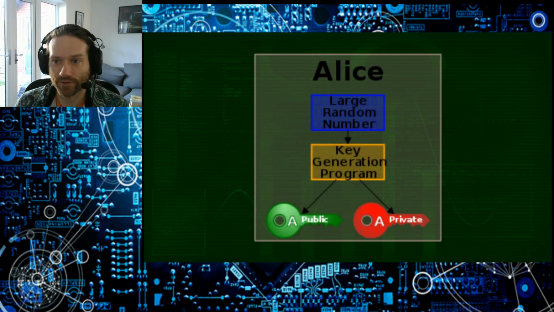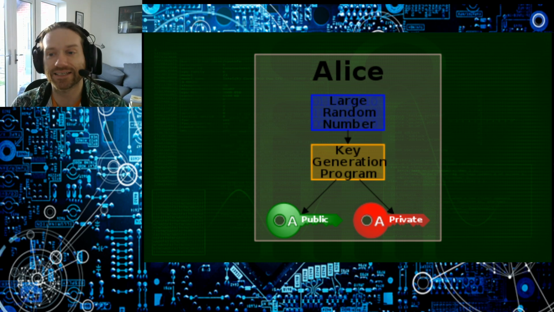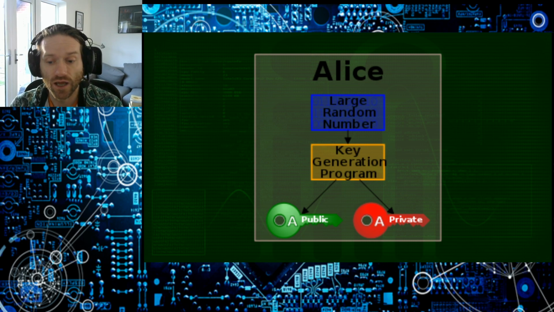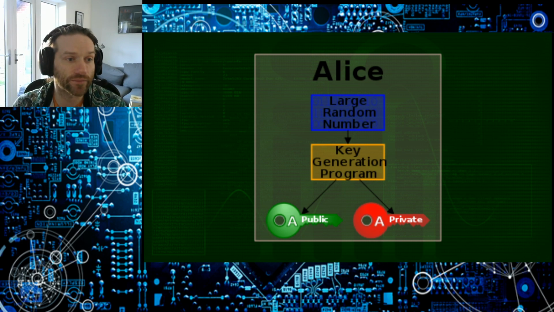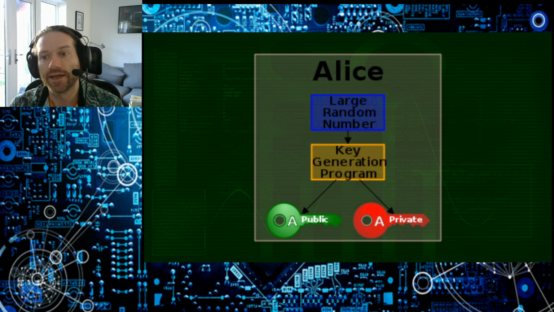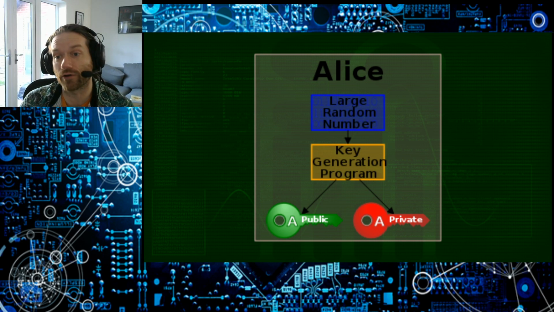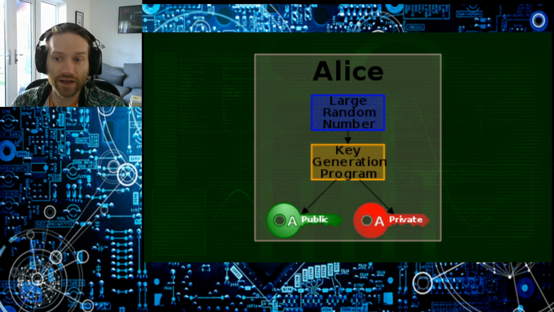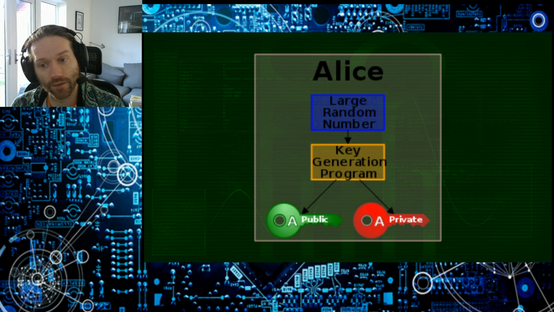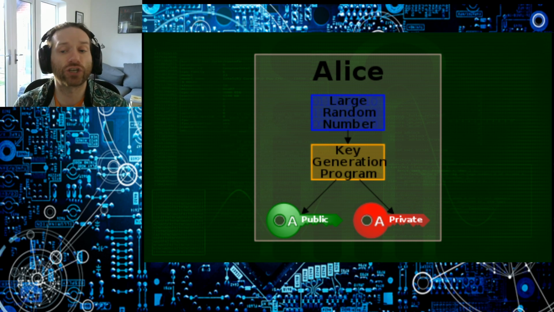So let's have a look. All right. Here we go. Alice wants to generate the passwords, if you like, which are going to be used to encrypt her stuff. She has a very, very large random number, and she uses something called a key generation program. What the key generation program does is a lot of very, very complex maths involving that very large random number, and it generates two keys.